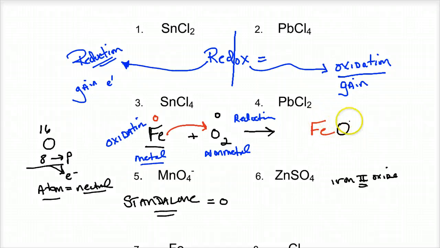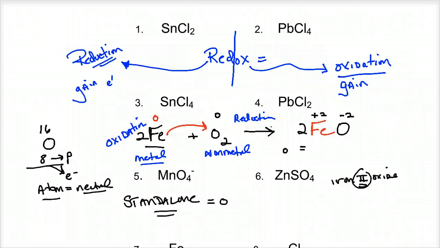Well, in a compound, the whole thing has to be 0, but the nonmetal is -2, and this one is +2. That's the iron(II) part. In truth, we need to balance this, and there's our entire synthesis reaction. For the most part, synthesis and decomposition are examples of redox reactions.